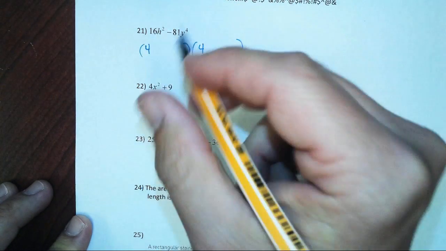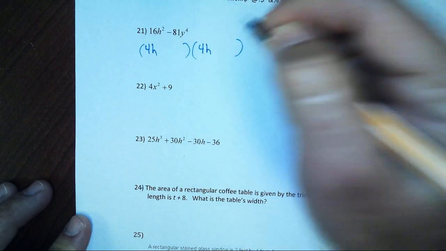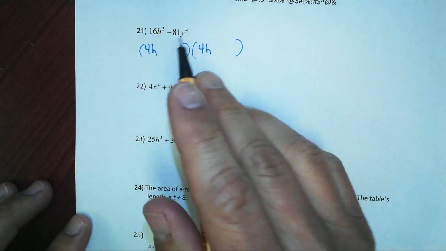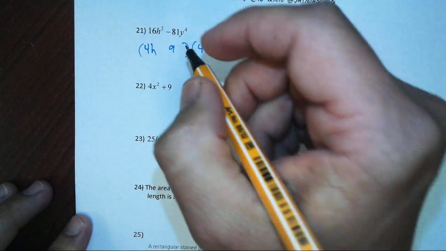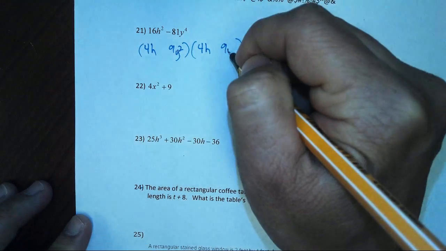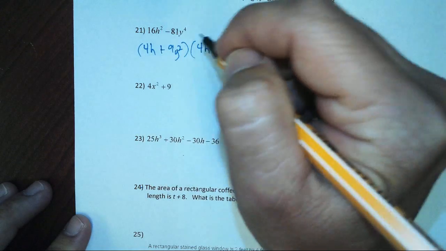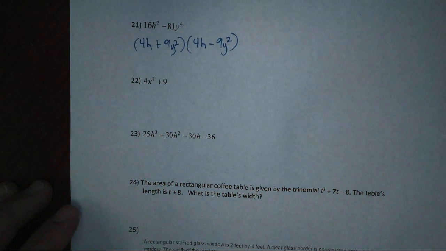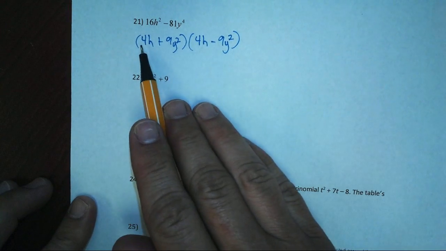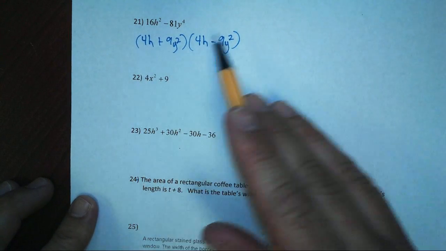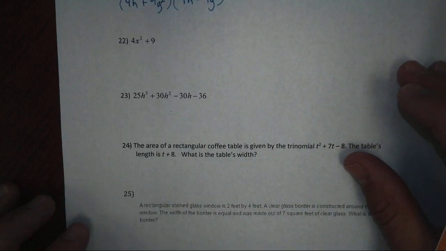Square root of h squared is h. Then square root of 81, which is 9. Square root of y to the 4th is y squared. We make one a plus, one a minus. Then we look, do we have anything else left over? Do we have any more difference of squares? We do not, so we are done.